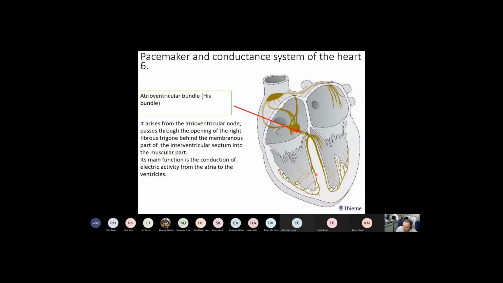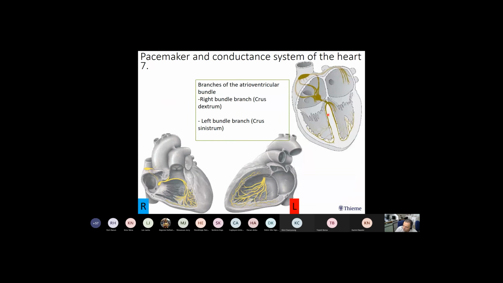From here, we get the electric activity into the ventricular wall. And in the ventricular wall, we have 2 branches of the His bundle. As I mentioned, you have the right branch, or crus dextrum in Latin, and you have the left branch, or crus sinistrum. Tawara branches are also called sometimes.